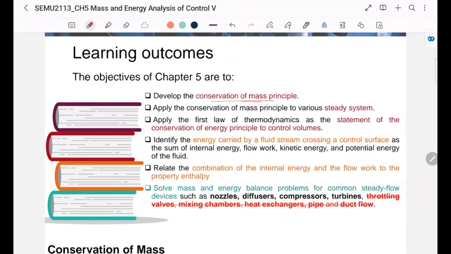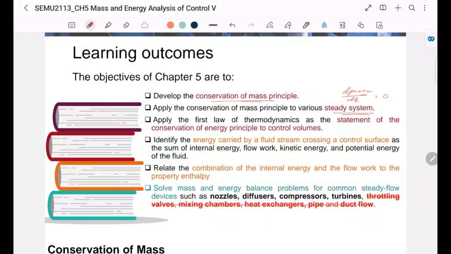And then we also have to be always mindful that in our analysis, as far as the syllabus is concerned, we are looking at steady system. Steady system means the change of parameter over time is 0, which means there's no parameter change over time.